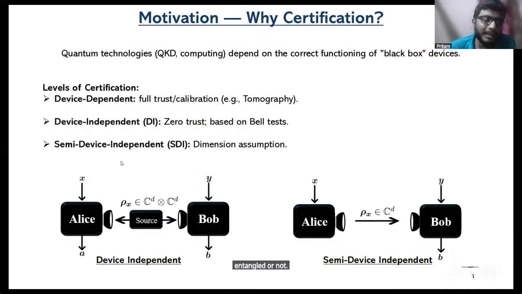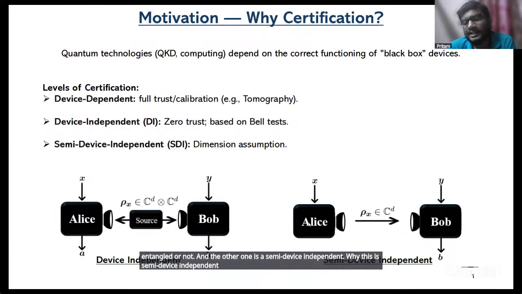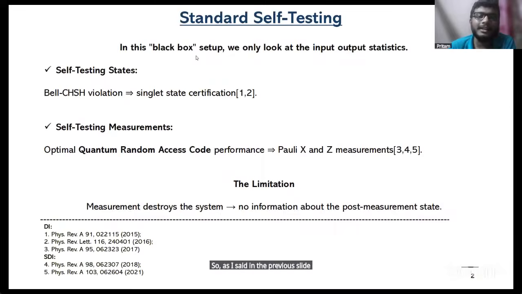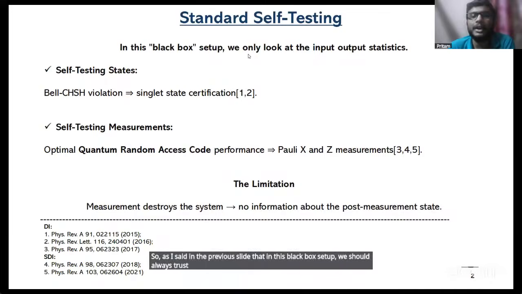Based on these statistics, we try to certify whether our state is entangled or not. The other one is semi-device independent. Why is this semi-device independent? Because in this, the preparation and measurement devices are not trusted, but the dimension of the system is trusted. Our study falls in this category. As I said in the previous slide, in this black box setup, we should trust only the input and output statistics.